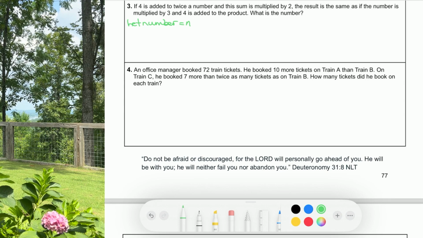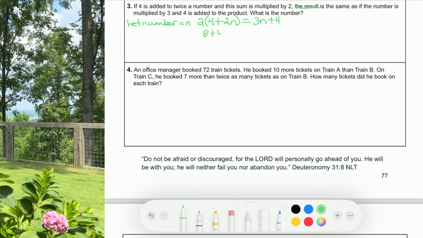If 4 is added to twice a number, so 4 plus 2n, and this sum is multiplied by 2, that whole sum is multiplied by 2. The result is, that's where we have our equal sign, the same as if the number is multiplied by 3, so 3n, and 4 is added to that product, so plus 4.